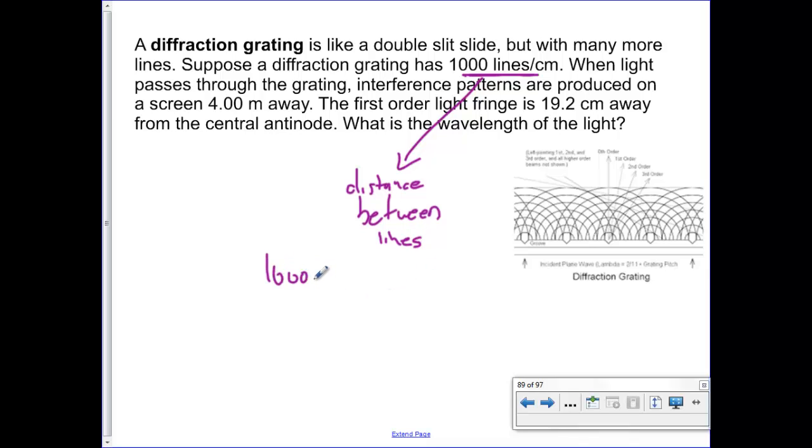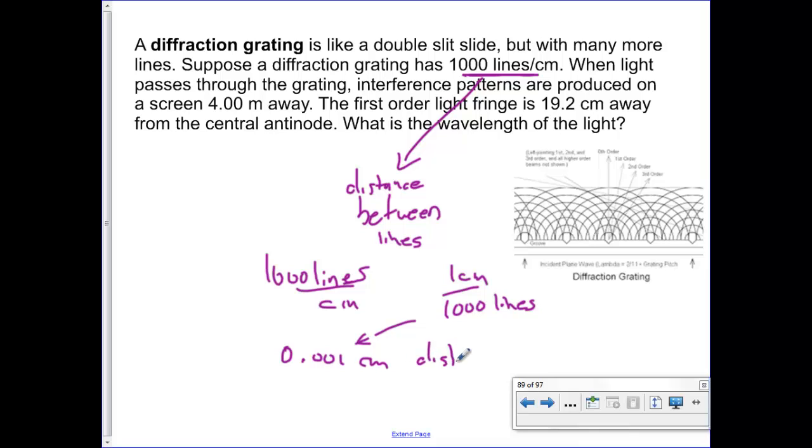Because if there are 1,000 lines in a centimeter, basically that means that between each line is 1 over 1,000. Take the reciprocal, do 1 over 1,000. That is your distance between lines.